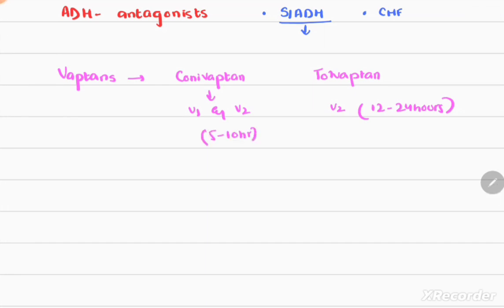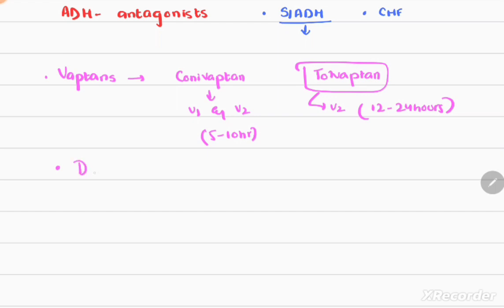So we can judge that Tolvaptan is a better drug because it is more selective for the V2 receptors, which are the desired receptors in our case, and it also has a very long duration of action. So we can give the drug in once daily dosing. We also have another drug which is used as an ADH antagonist.